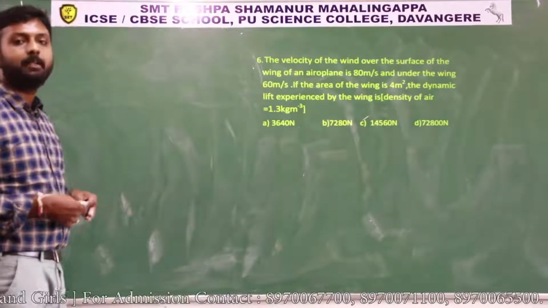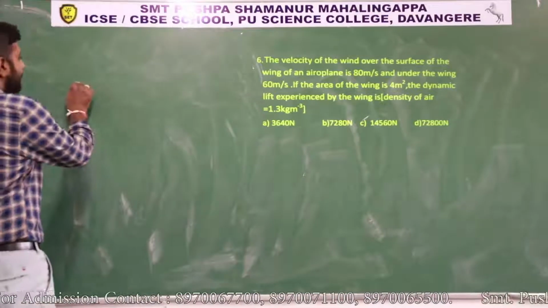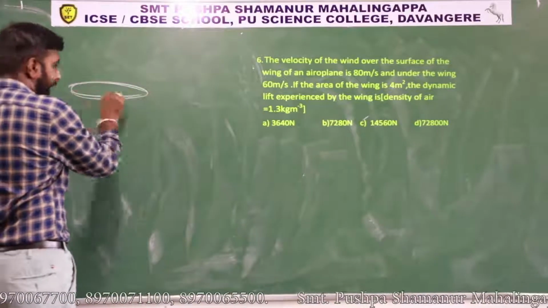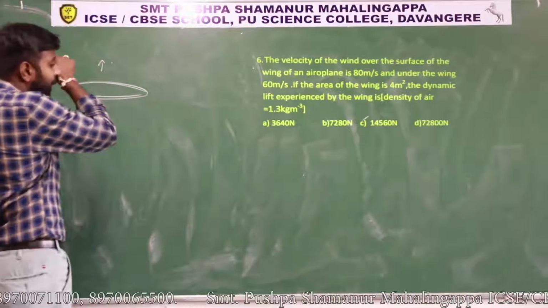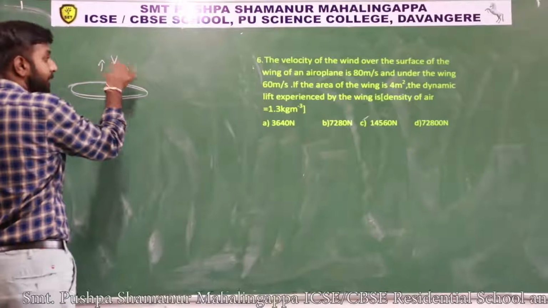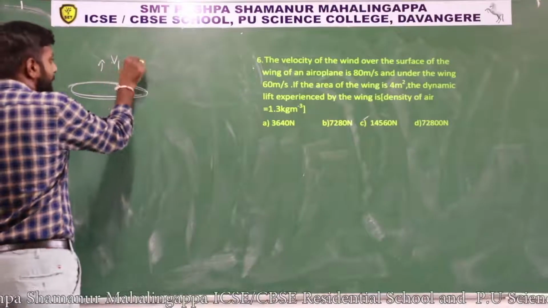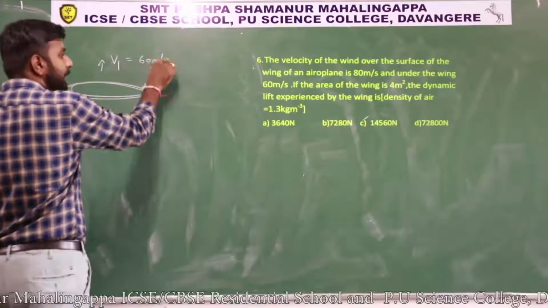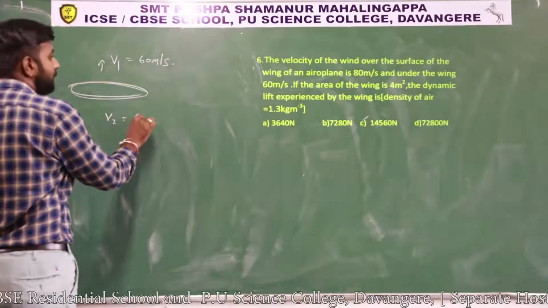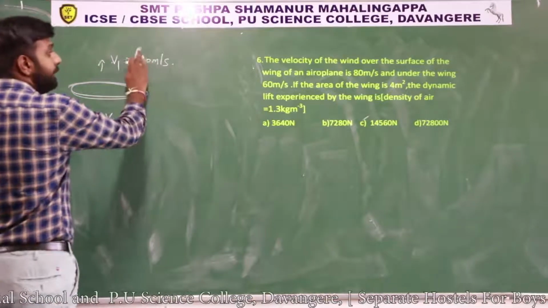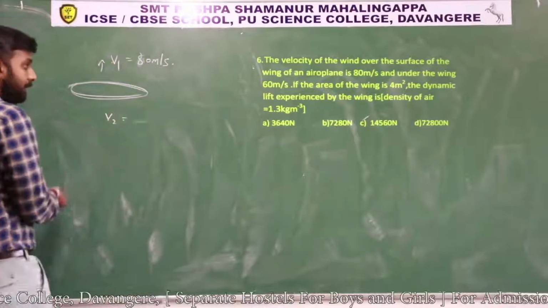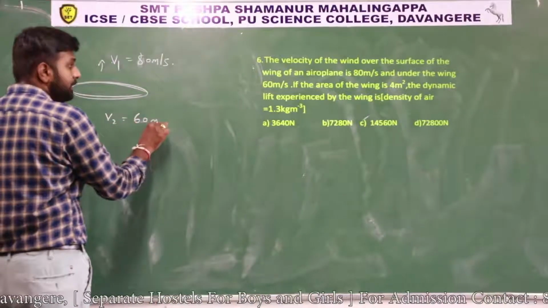Bernoulli's principle. Okay, let us consider this is the wing, and upside what is the speed of the air, the speed of the wind? Let us say V1, the speed of the wind upside, that is 80 meter per second, and downwards V2, under the wing they gave 60 meter per second.